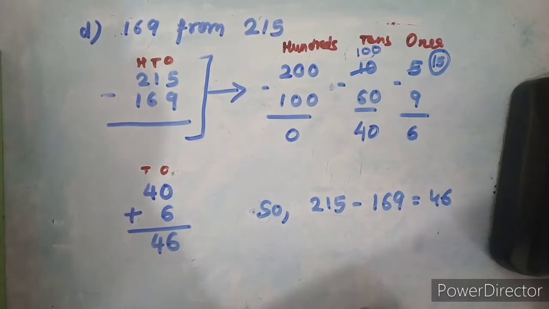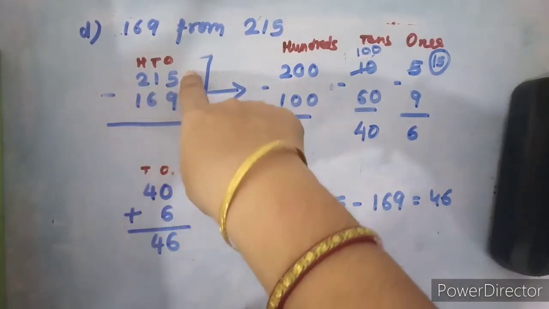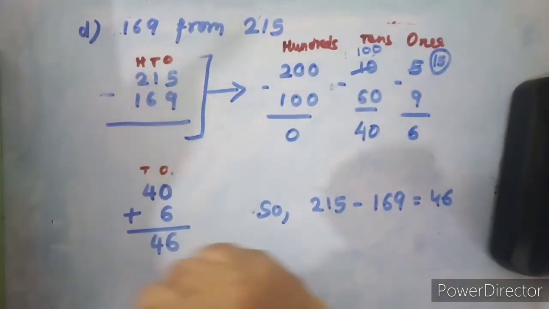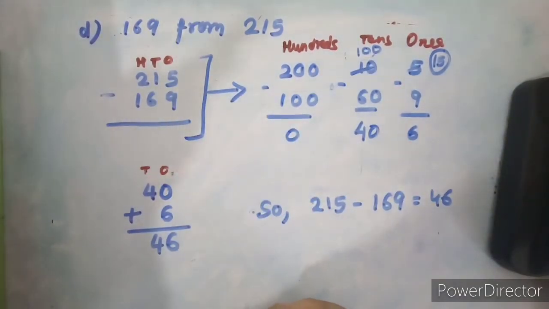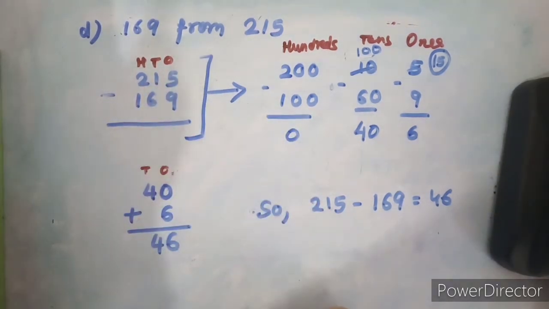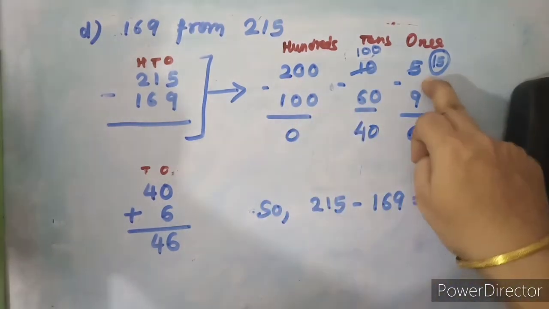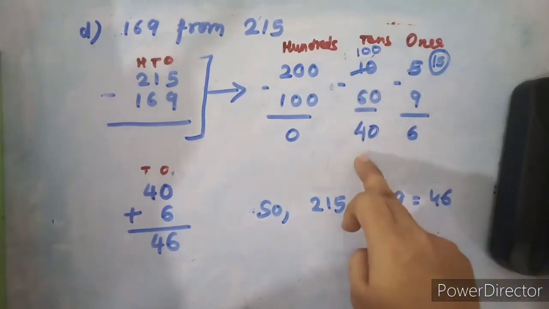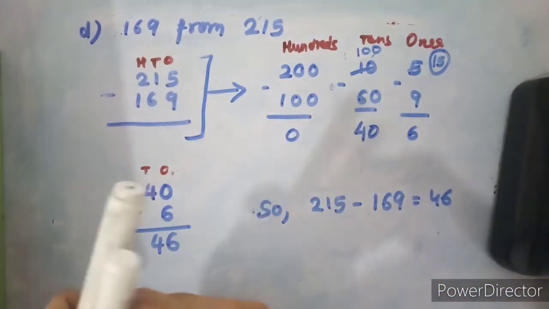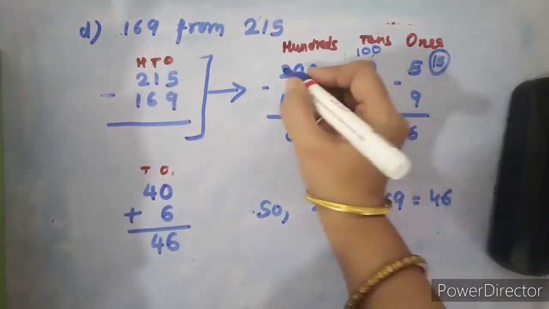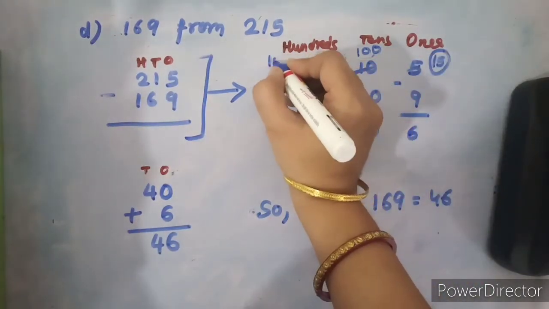Now for the next sum, again see, I have written the numbers 169 from 215. So written in the form of subtraction, 215 minus 169, then expanded form, and then see the subtraction, 15 minus 9 is 6, and again here 100 minus 60 is 40, and then you have already borrowed 100 from the 100 position, so that is why you need to get here 100.